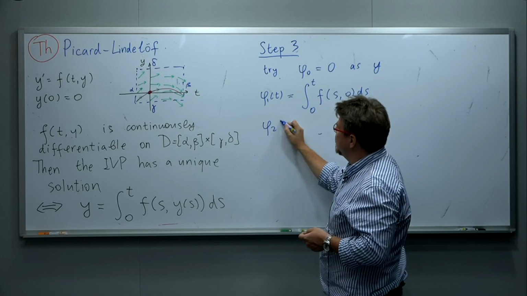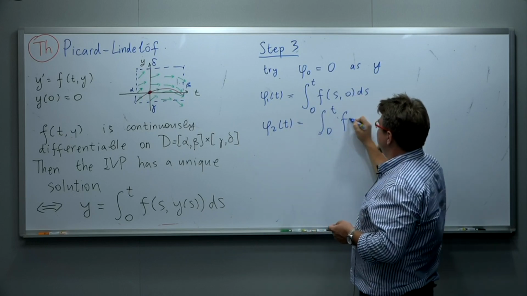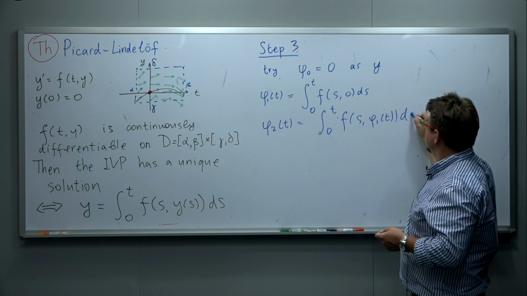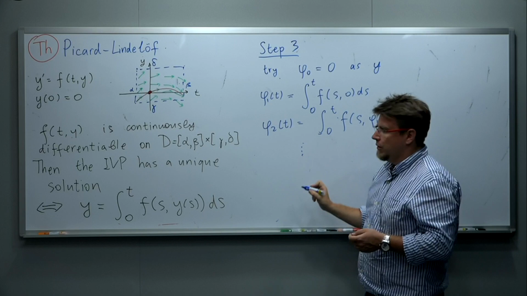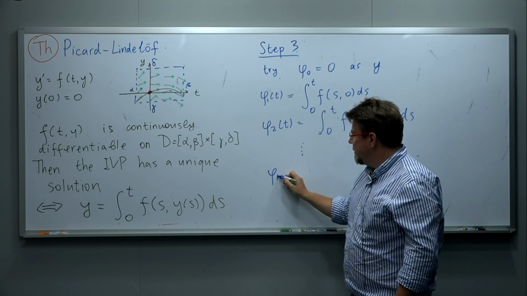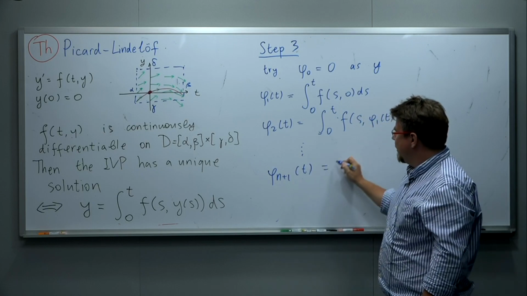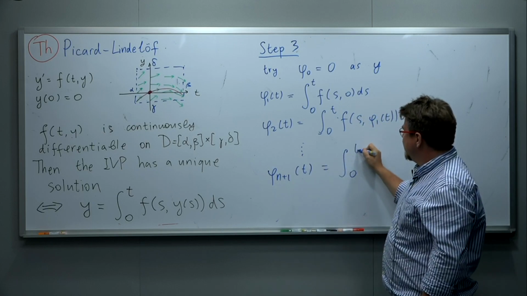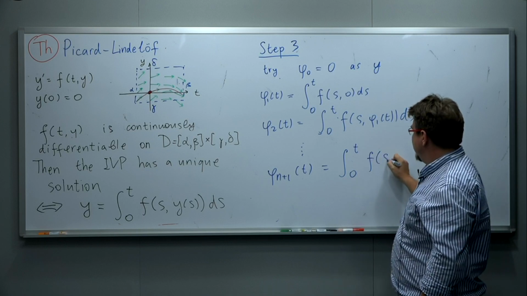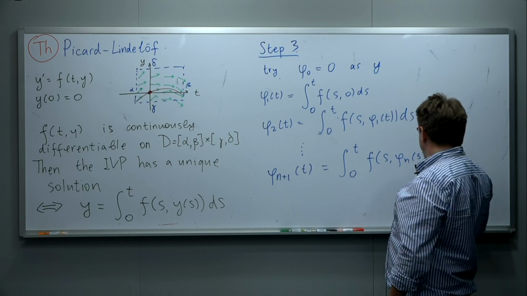So phi 2 of t is going to be the integral from 0 to t of f of s and phi 1 of s ds, and so on. And then you guess where it goes. So phi n plus 1 of t equals the integral from 0 to t of f of s and phi n of s ds.